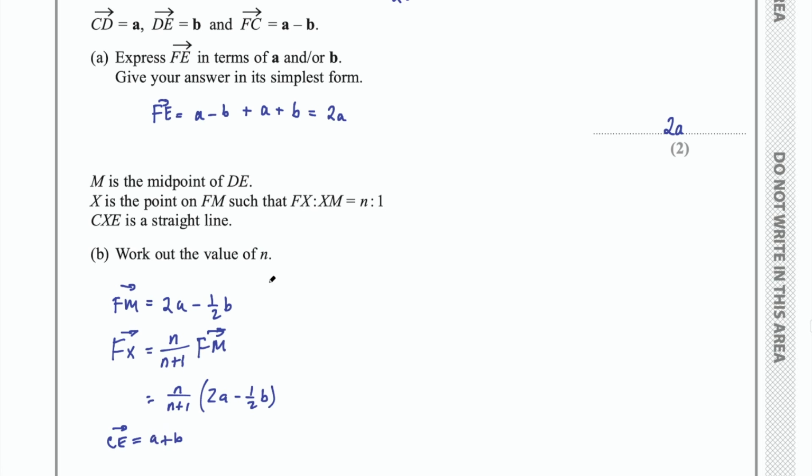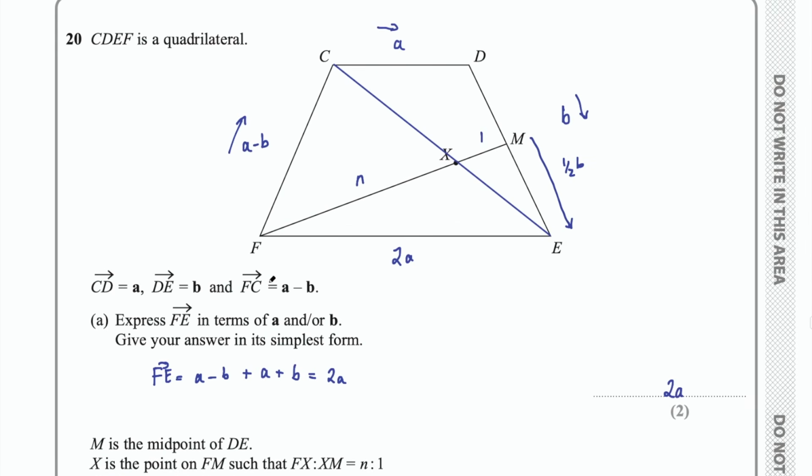And for any part of that line, so looking at the diagram again, the coefficients for the a and b parts of the vector need to be the same. So if I looked at XE, then the vector parts related to a and b, they would need the same coefficients. That's really the key to answering this question, realizing that idea. So basically we're talking about scaling things up and down. This is something you need to know about vectors.